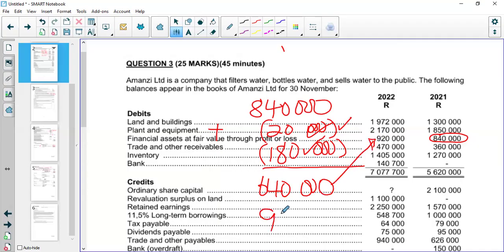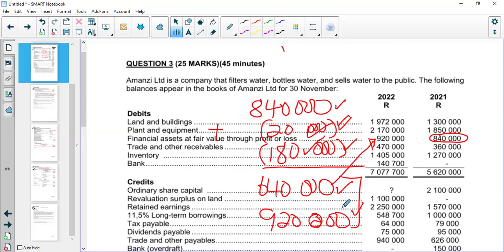So which means we bought some more to reach that 920,000. Because if there's nothing to be done, we started at 840, we reduced this by 20, we reduced this by 180, so we should be at 640. How come we are at 920? So there were some which were purchased.